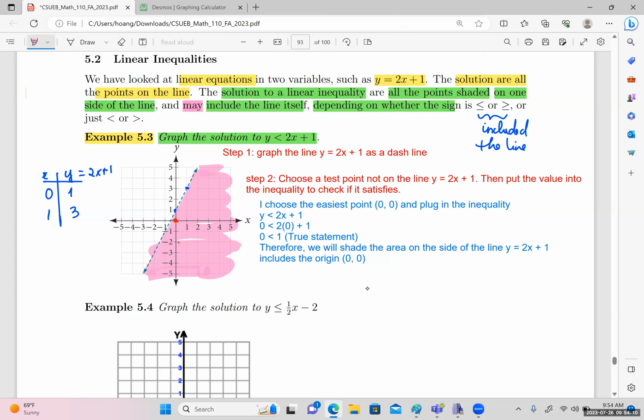Yeah. So the area that I have shaded will be the solution. Okay.